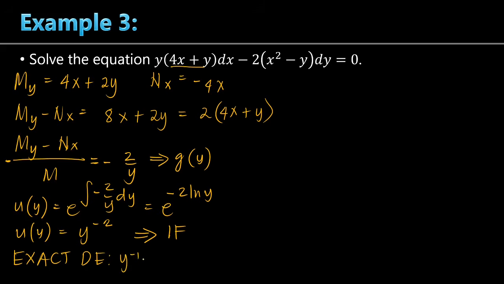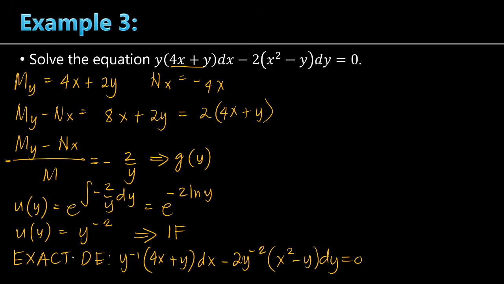Y to the negative 1, kasi ito i-multiply ko ng y to the negative 2, times 4x plus y dx minus, ito multiply ko rin ng, 2y to the negative 2 times x squared minus y dy equals 0. So, ang sunod na step na is mag-integrate.